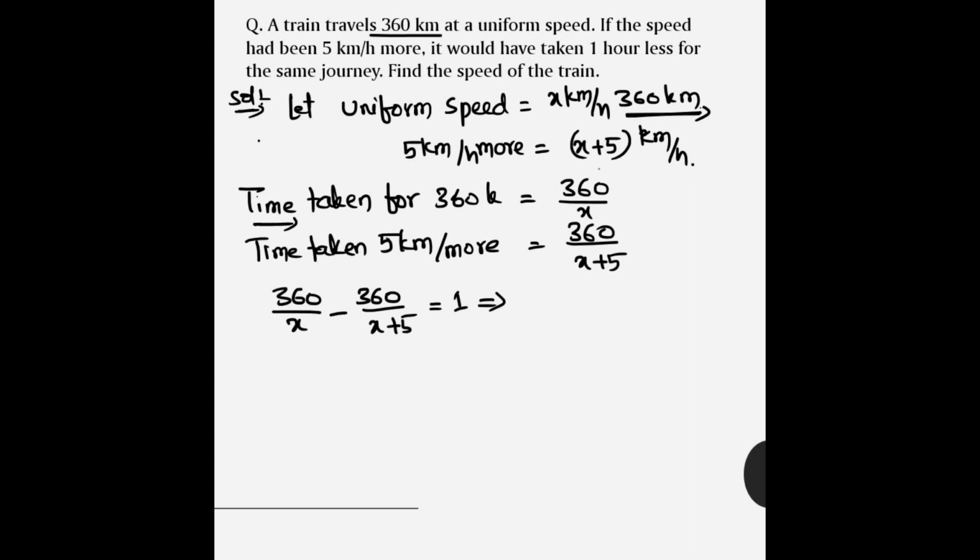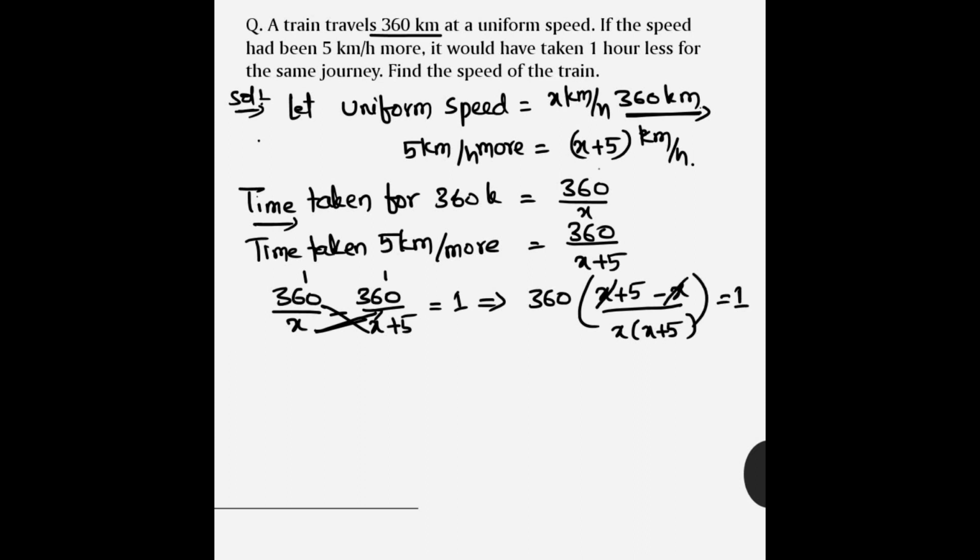From this I will take 360 common, so 1 will remain on both sides, and I will do cross multiplication. The LCM will be x into x plus 5 in the denominator, and in the numerator x plus 5 minus x.